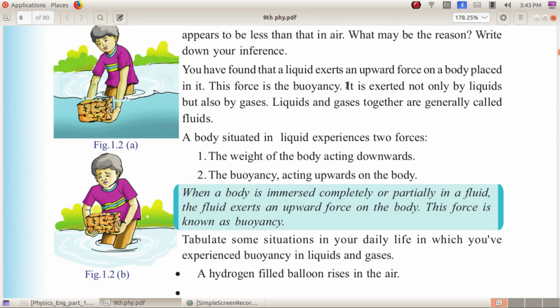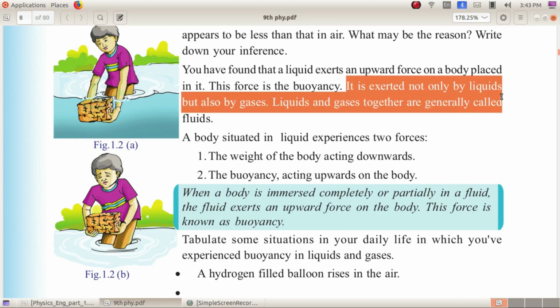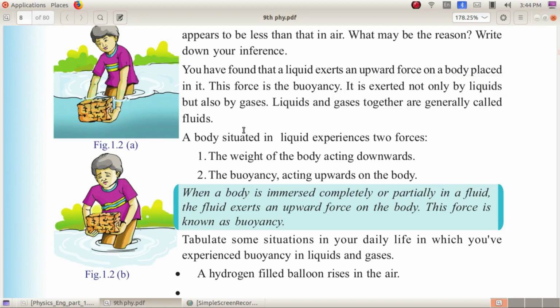Now, buoyancy is exerted not only by liquids but also by gases. That is, liquids and gases can exert this force.